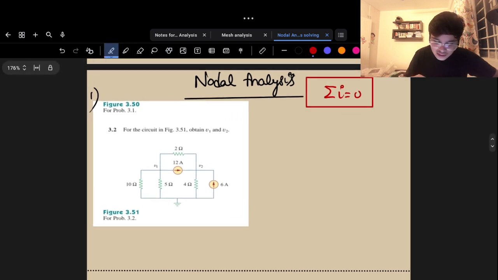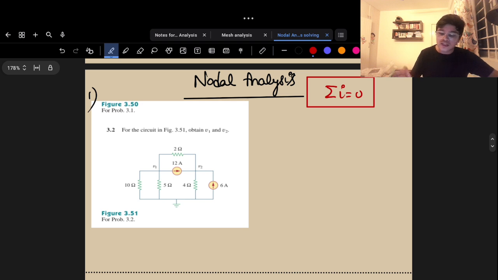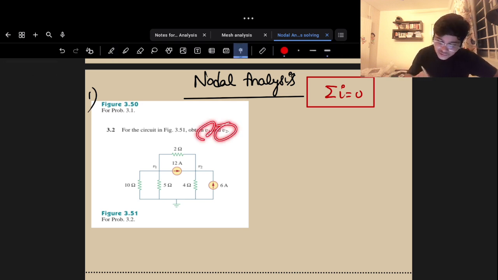So let's understand a question. Let's understand a question where we have to find some V1 and V2, that is this V1 and this V2. Generally, if there is some other parameter, say I had to find some I1 here, and I've been asked to solve through nodal analysis, I would have to assume that this is V1, this is V2 anyway. So that's not going to change in nodal analysis.